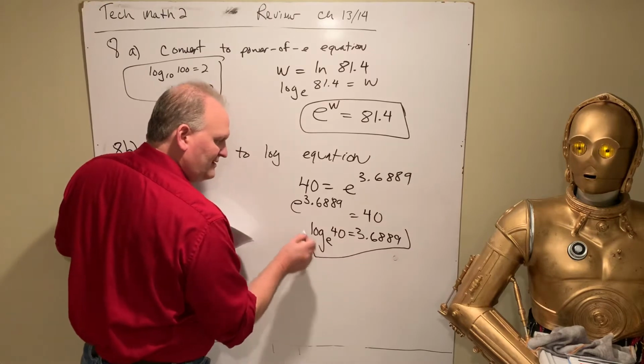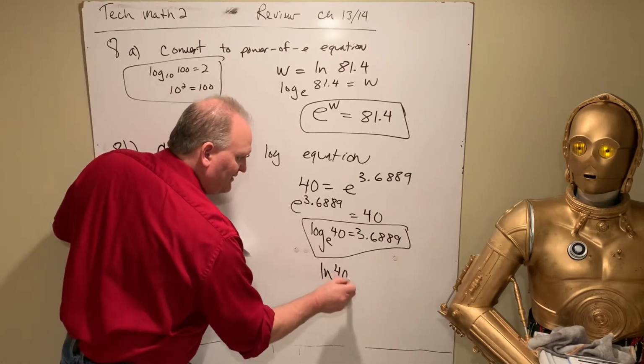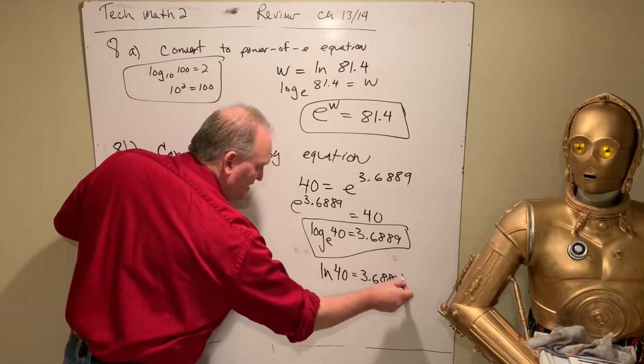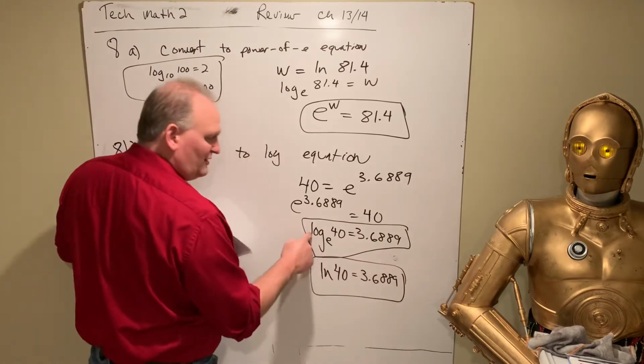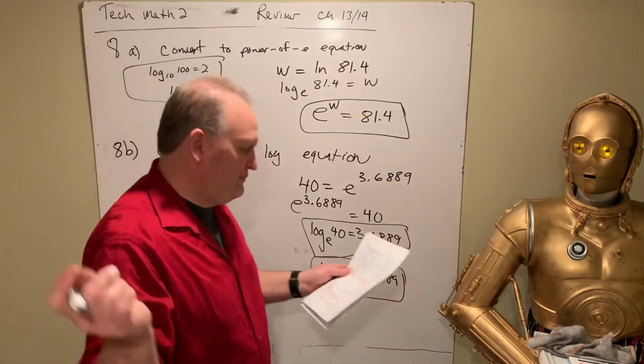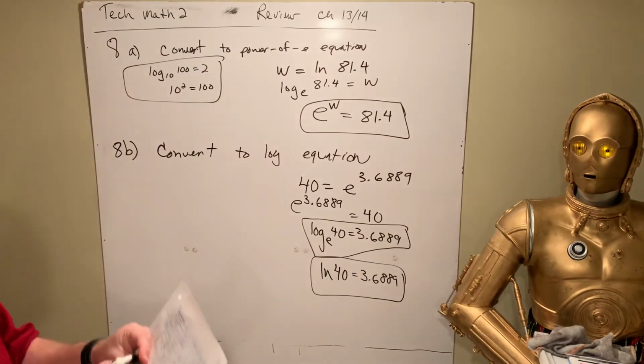Done. Or if you want, ln. Also done. Back in the day, math people did it log base e, and business people did ln, so either one is fine. If you left it log base e, I'd still give you full credit.